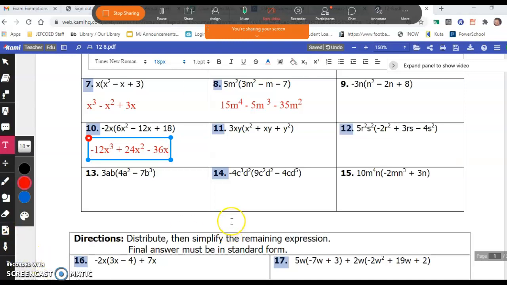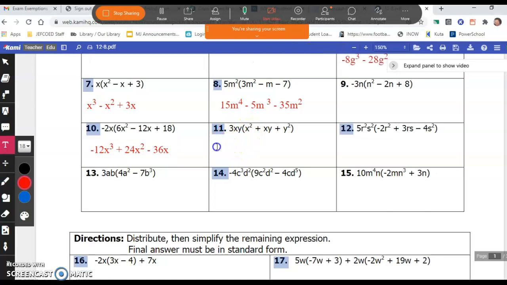All right, now looking at 11, we've got a coefficient with multiple variables here. But again, you only distribute to each piece that applies. Okay? So here we've got negative 3xy times the x squared. 3 times that x squared is still going to stay 3. The x times the x squared is going to be x to the what? X to the third. And y, we don't have anything to add to it. There is no y.